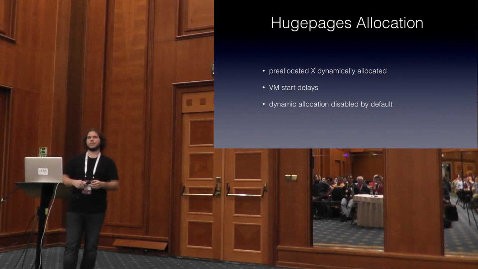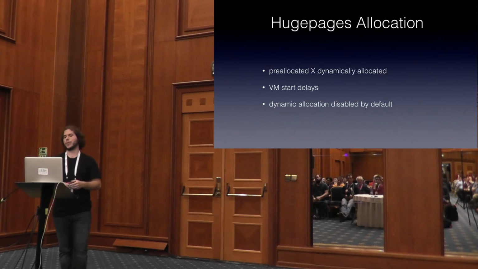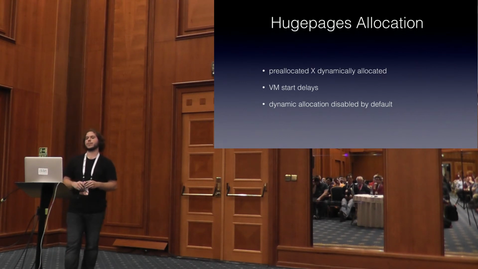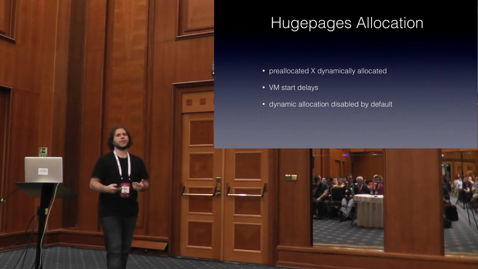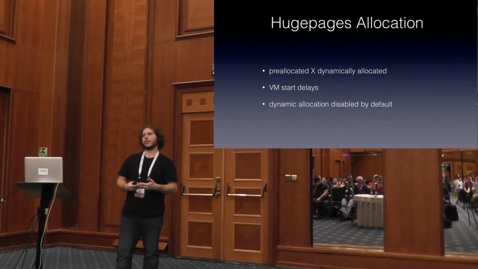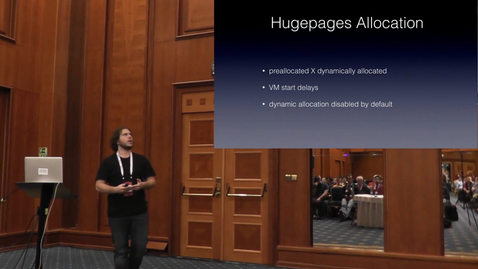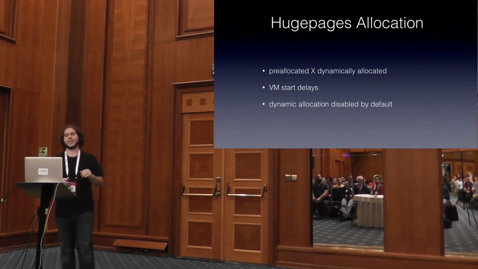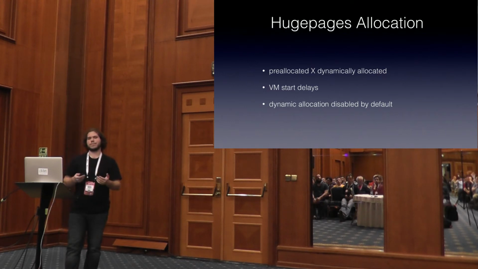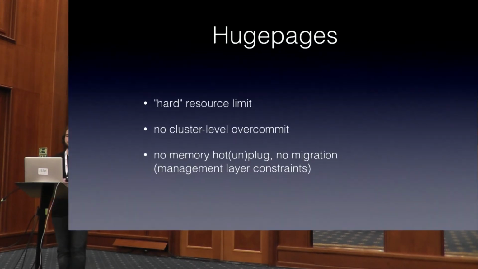And even after the ages, there's a probability of that failing if memory is too fragmented. So we have figured out that although the benefit of dynamically allocated Hugepages would be huge, for now, let's keep that disabled and just deal with standard pre-allocated pages.